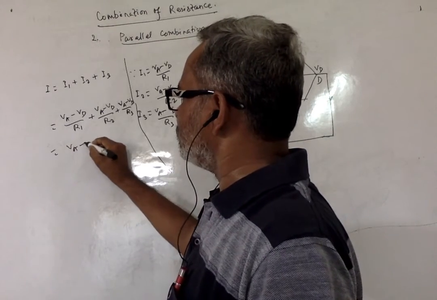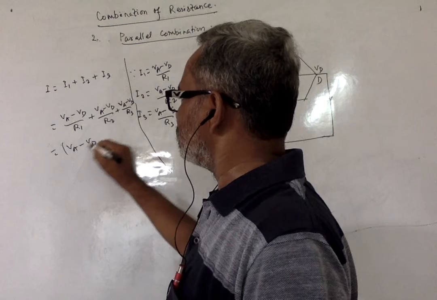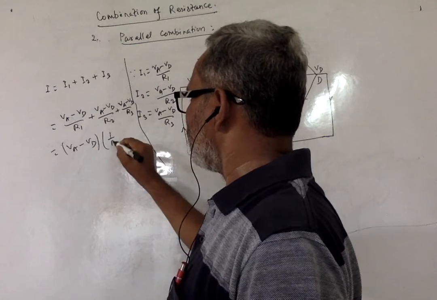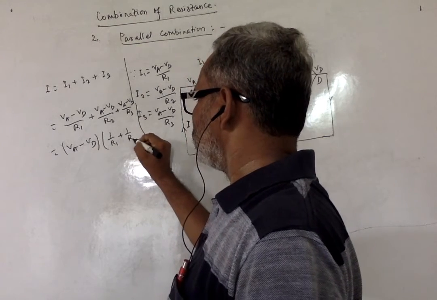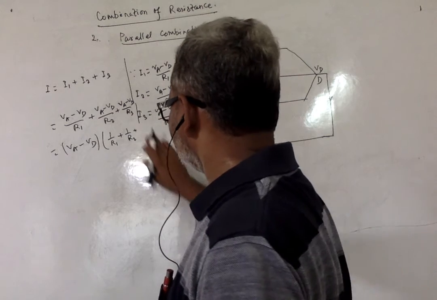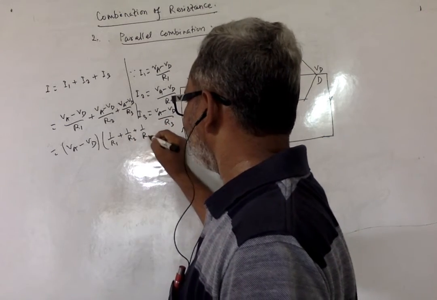Taking common VA minus VD, I equal to (VA minus VD)(1 by R1 plus 1 by R2 plus 1 by R3).